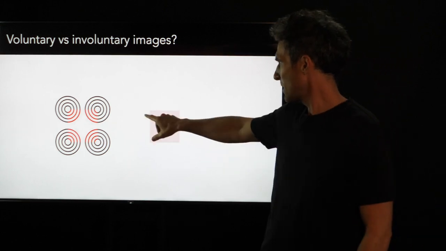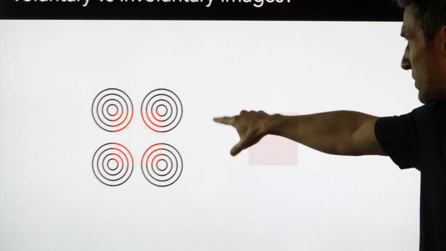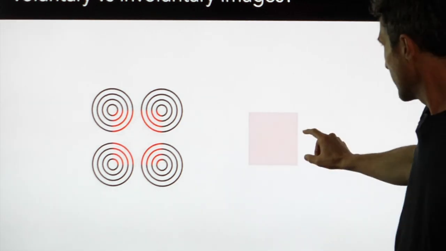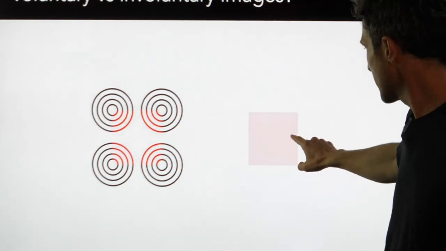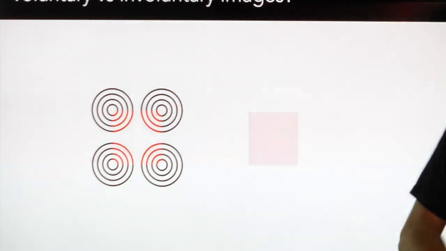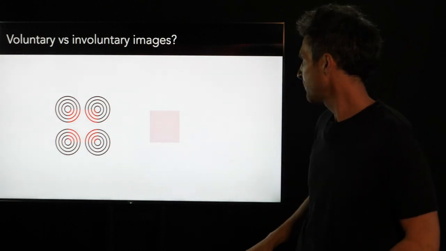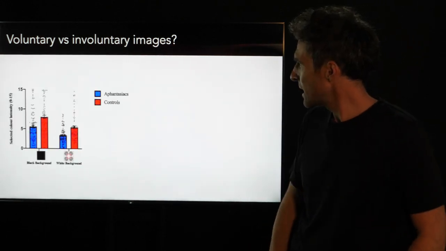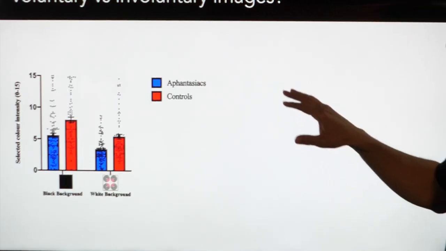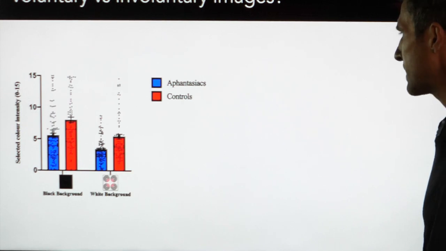So we set up an experiment like this where it's on a sort of induced red square there, and the question is, you have this little slider thing, and you have to adjust this red square to match the red in the center there. And so if you've done this, maybe some of you listening have done this experiment and you might remember. So here's some data, and what we're seeing here, now I'm flipping the colors, the aphantasics are in blue and controls in red.